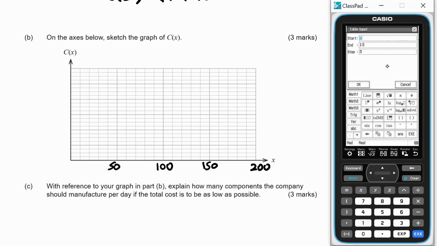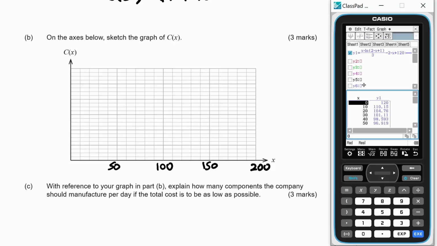And I'm going to start my table at 0, end it at 200, and I'll go in steps of 10. So we've got 0, 120. Let's find out what the highest one is.